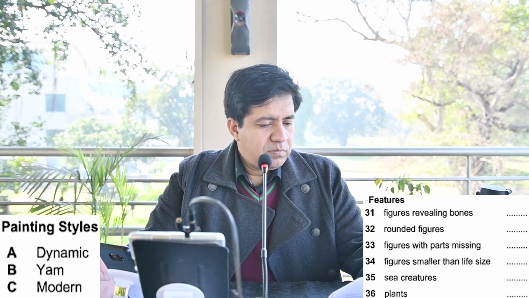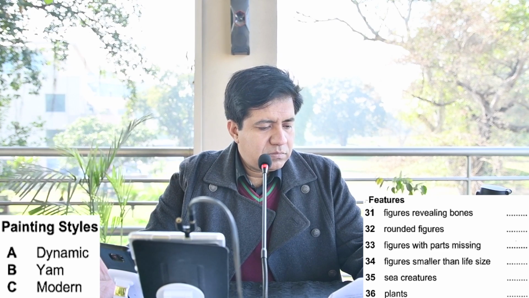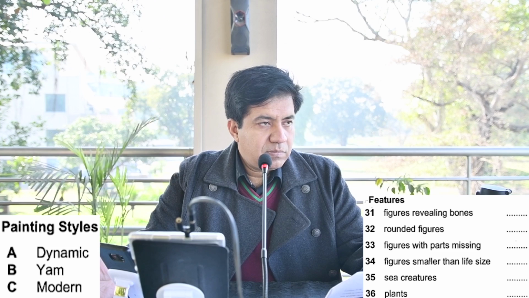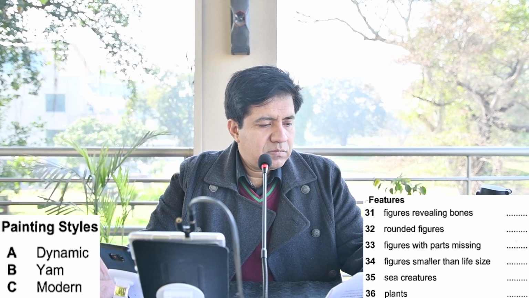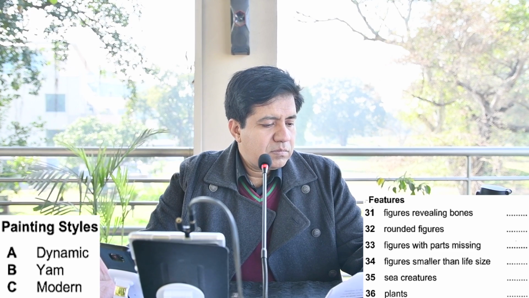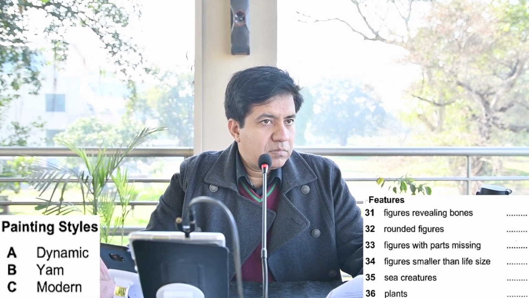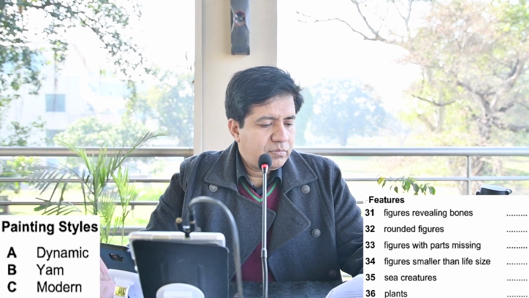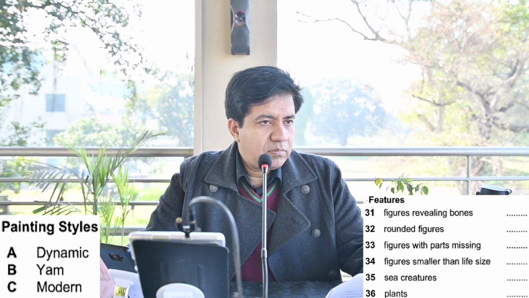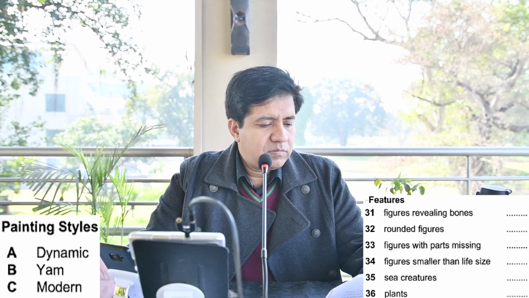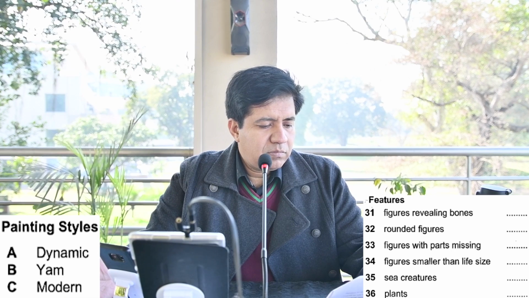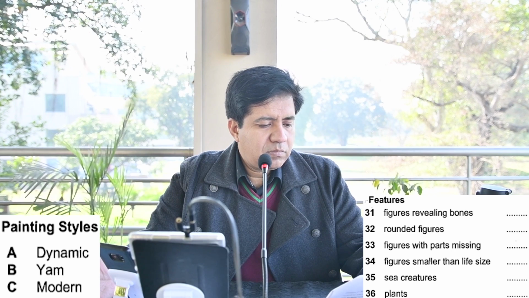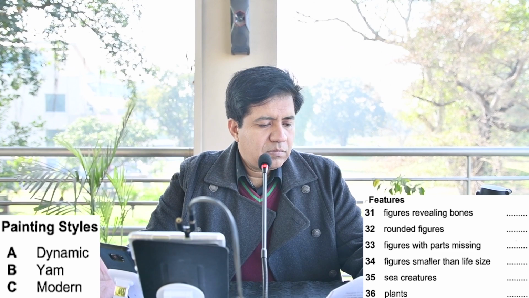Throughout the long history of this tradition, new images have appeared and new painting styles have developed. And these characteristics can be used to categorize the different artistic styles. Among these are what we call the dynamic, yam, and modern styles of painting. One of the most significant characteristics of the different styles is the way that humans are depicted in the paintings.